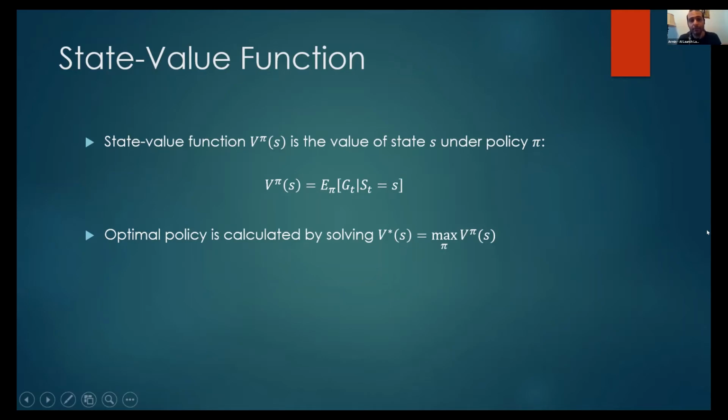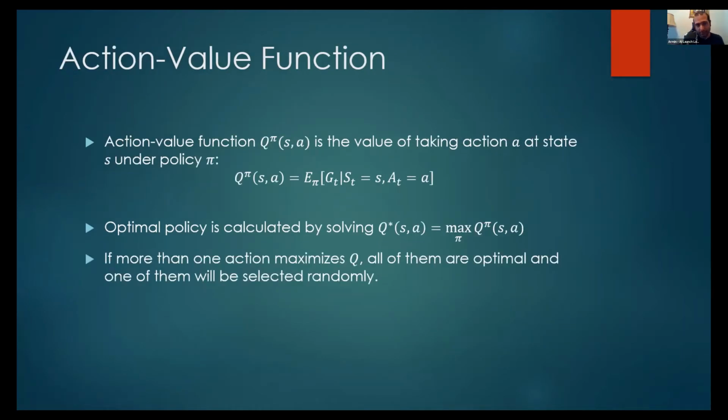We also have a more advanced function. This is the action value function. Usually in the terminology of reinforcement learning, we will see it more. It's defined not only based on the state, but it also depends on action. And we show it by Q, not by V. So it is the value of taking action A at state S under policy pi.